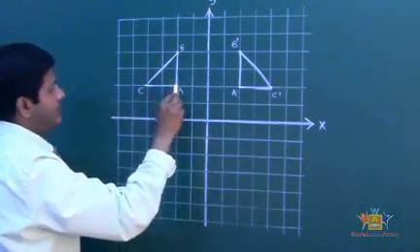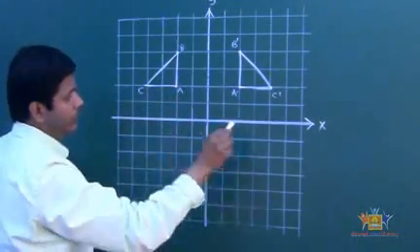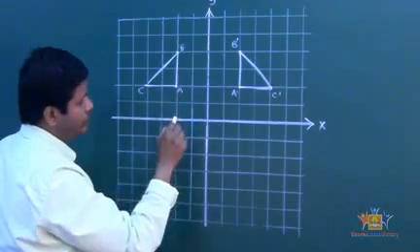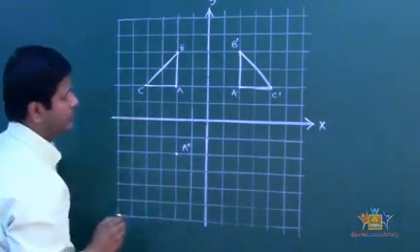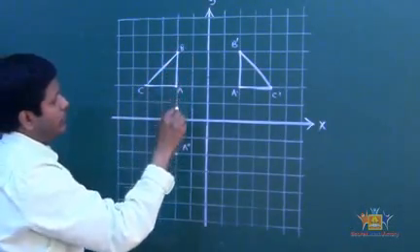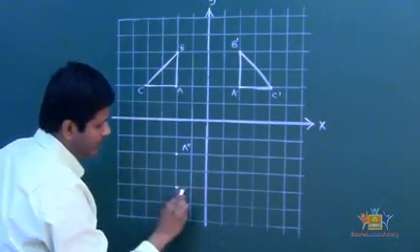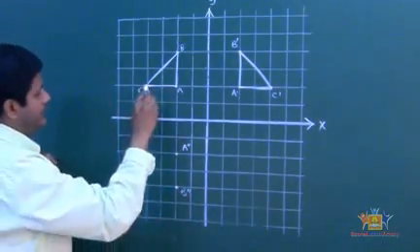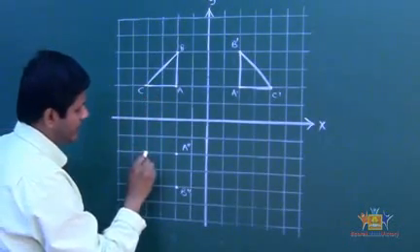So this perpendicular line would be right here to the x-axis, and how many times? 1, 2, 1, 2 right there, and that's going to be your A image. And then the B, 1, 2, 3, 4, 1, 2, 3, 4 right there, B image. And then C, 1, 2, 1, 2. See that? C image.